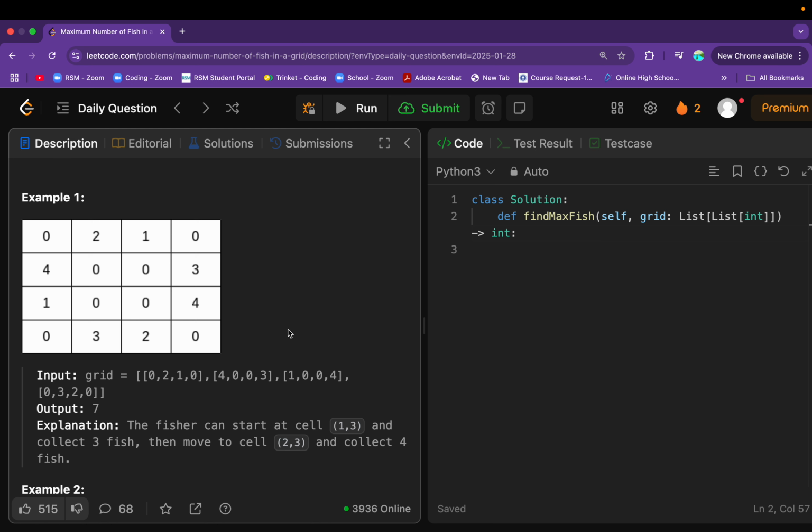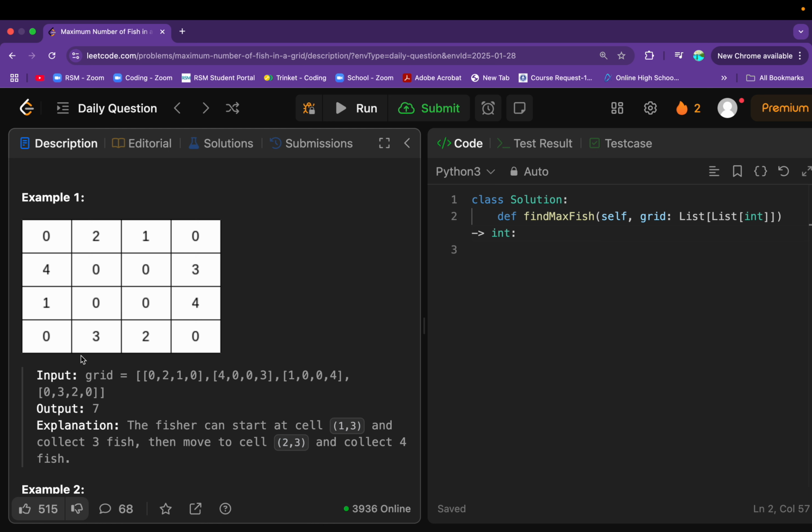So that would be 4 fish right here, and that is the most optimal solution. We wouldn't be able to go anywhere after collecting that 4th fish, and so 7 is the maximum amount of fish we can actually get.